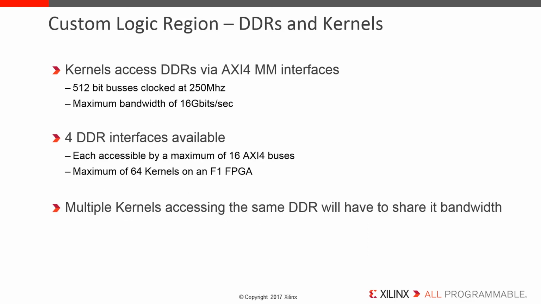When working with custom logic, it is important to understand some of the requirements imposed by the AXI interconnect on the platform. The custom logic region accesses the data through the DDR interfaces. There are 4 DDR interfaces. Each interface is 512 bits wide and can transfer data up to 16 gigabits per second.